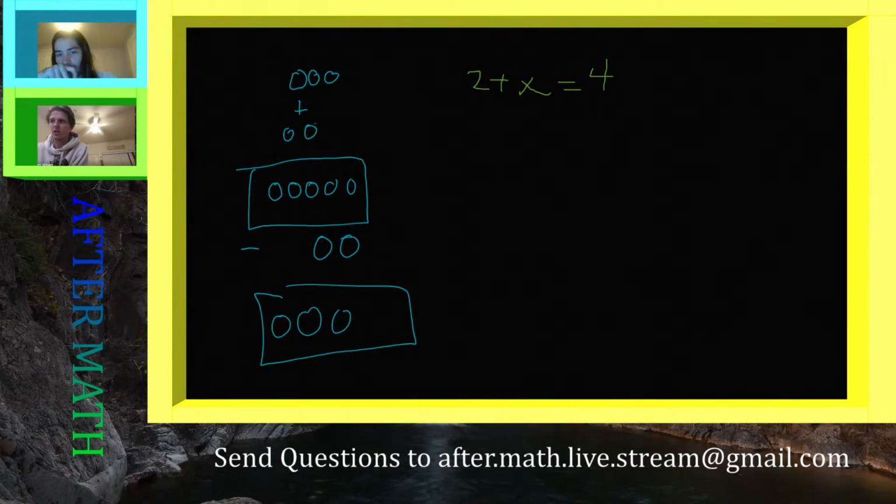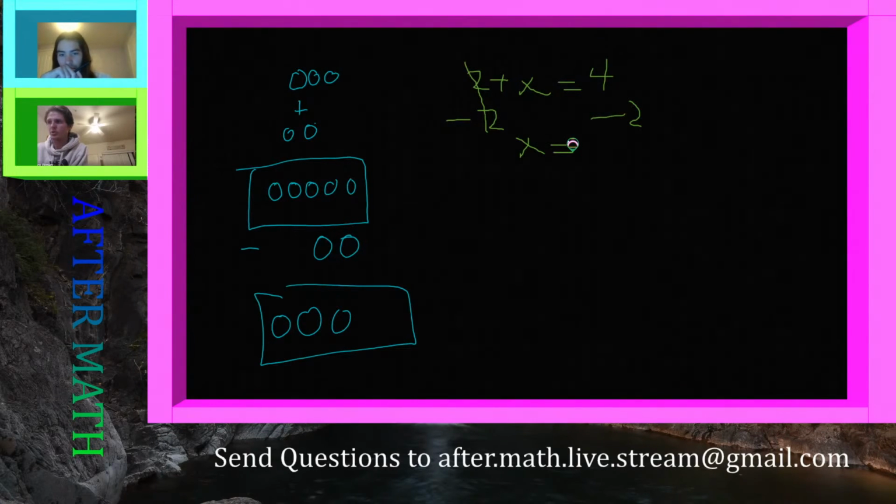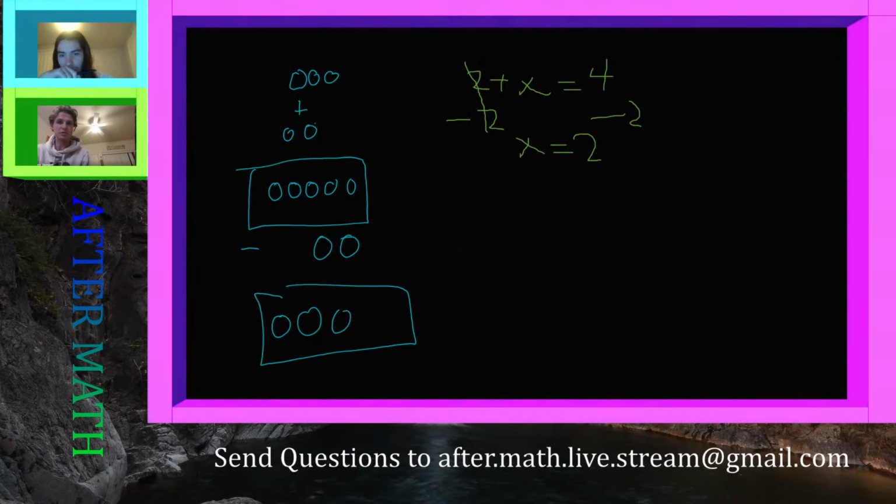So a positive 2, you would have to subtract 2. That's the inverse of a positive 2. Subtract 2, you get x equals 2. A lot of people would just say, hey, x equals 2, I already know 2 plus 2 equals 4. But that's just showing you where inverse operations are very useful in solving different equations.